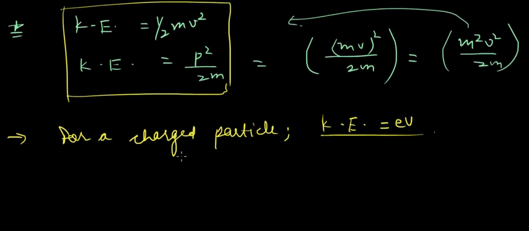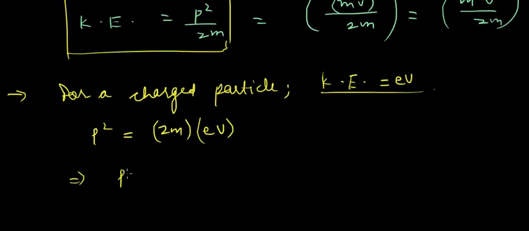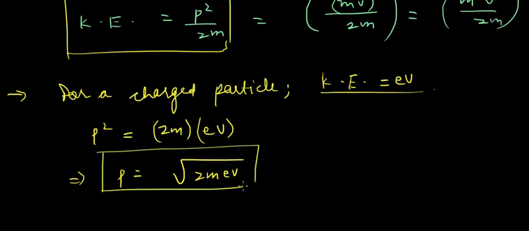So as momentum square is 2m into kinetic energy, and kinetic energy for a charged particle can be eV, we can write p square equals 2m eV, or therefore p equals root of 2m eV.